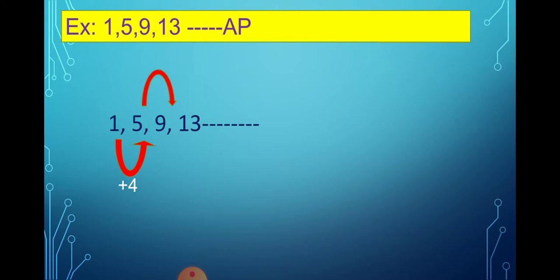In the same way, if we add plus 4 to 5, we will get 9. In the same process, if we add plus 4 to 9, we will get the successive term 13. This is an example for arithmetic progression. Here plus 4 is the common difference.